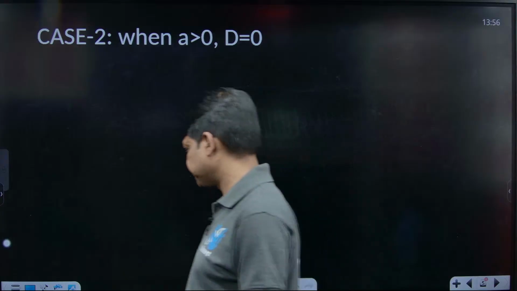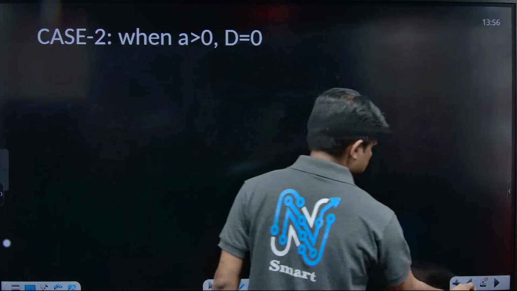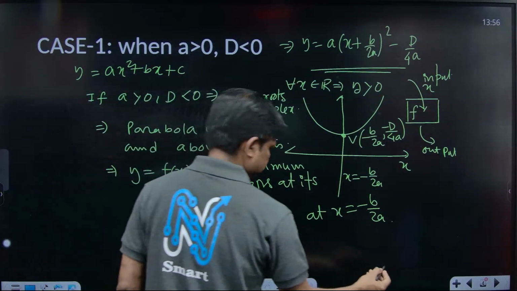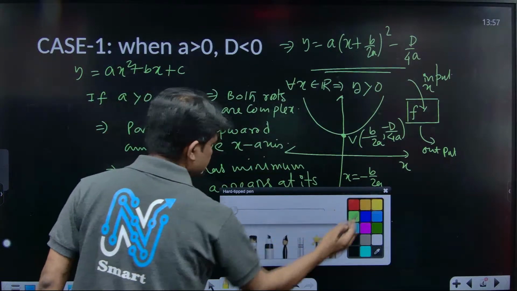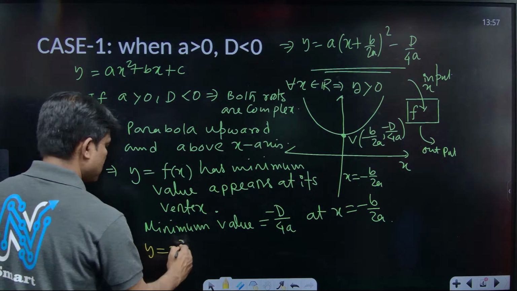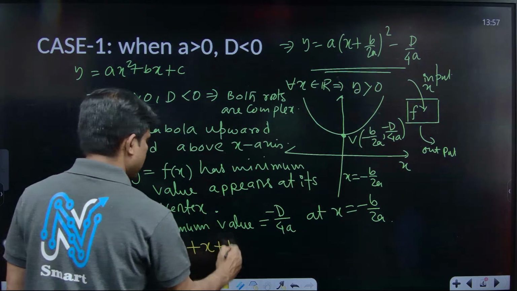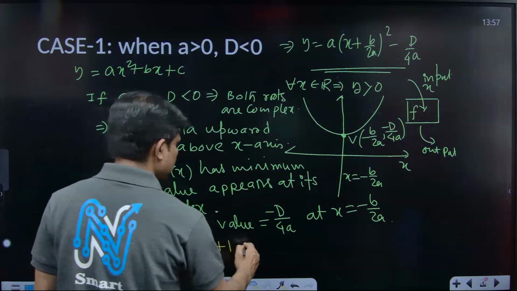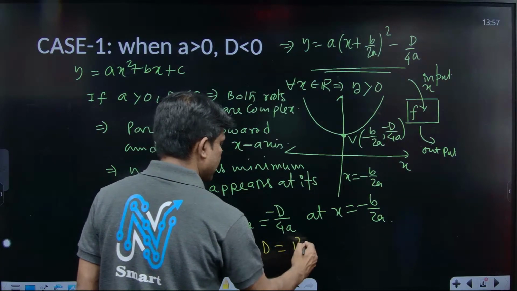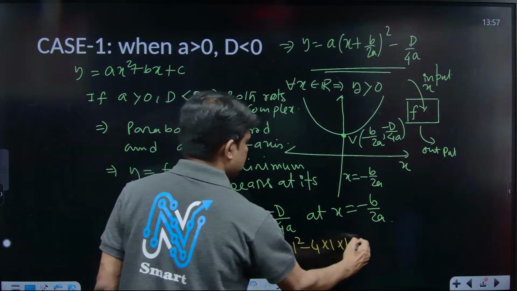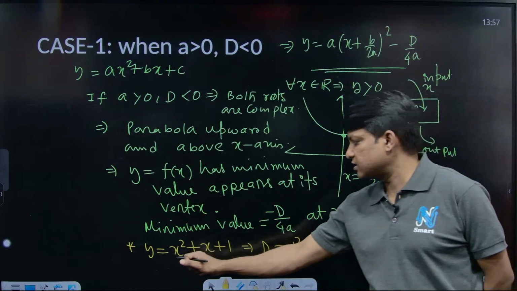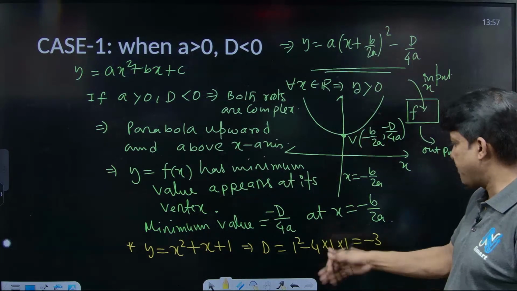Discriminant equals b square minus 4ac, so b square is 1 square minus 4 into 1 into 1, this is minus 3, that means the discriminant is strictly negative. The x square coefficient is 1, positive, that means the parabola is above the x axis.